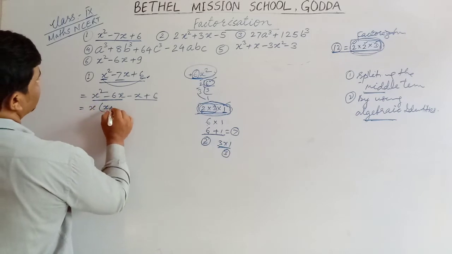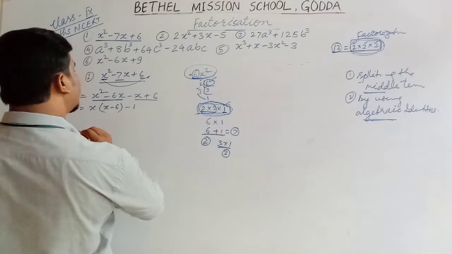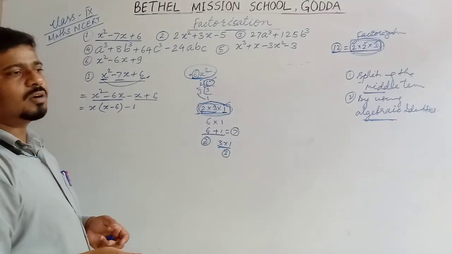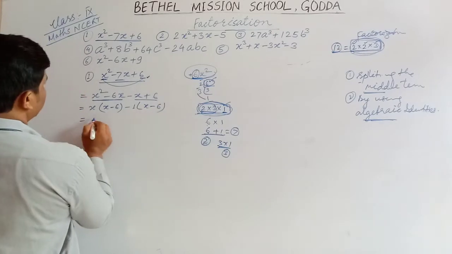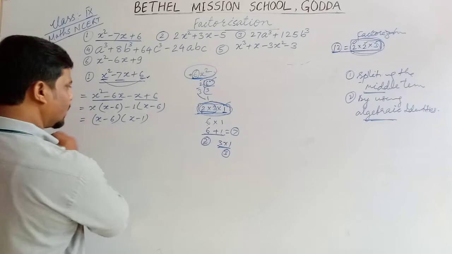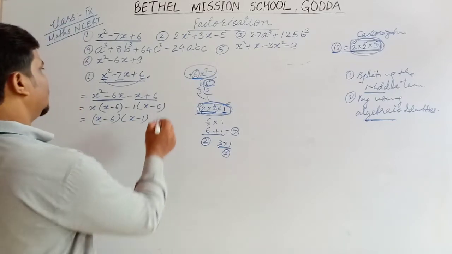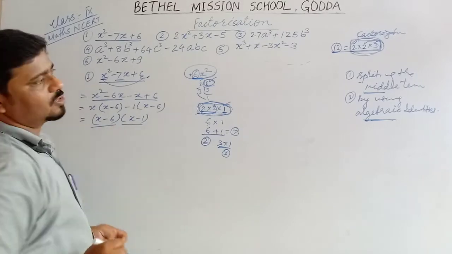Then x is left, minus 6, and from the other two nothing is there, 1, because 1 is the factor of each and every number, and here will be x minus 6. So after all, x minus 6 and x minus 1. So x minus 6 into x minus 1.